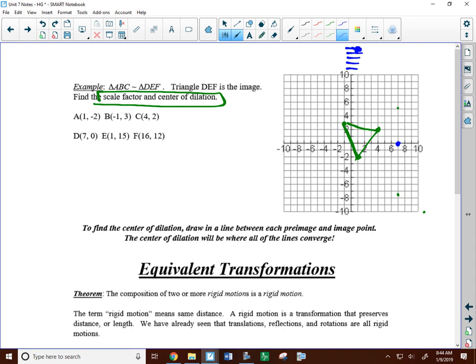You gotta go off the grid. 16, 12. It's basically just kind of extended that a little bit there. This down.